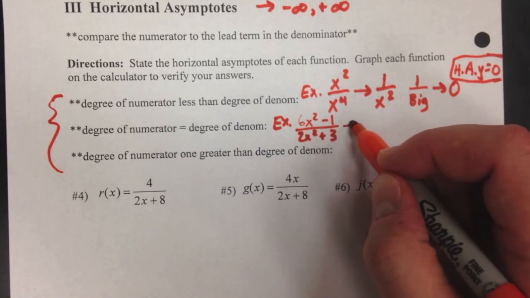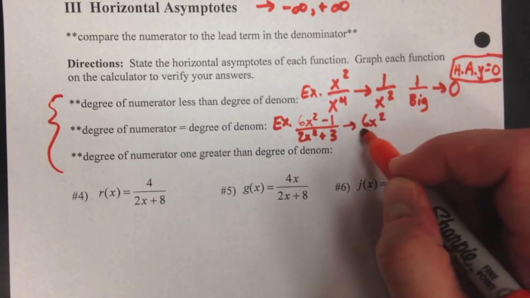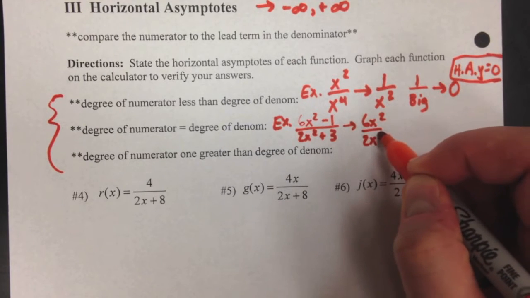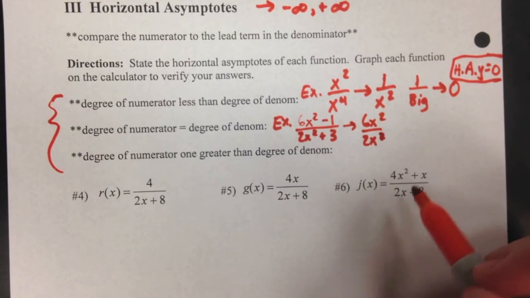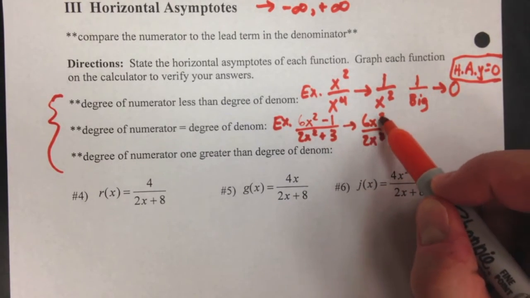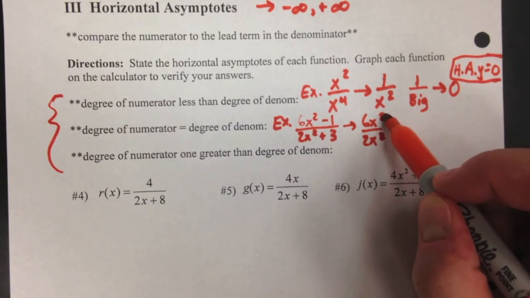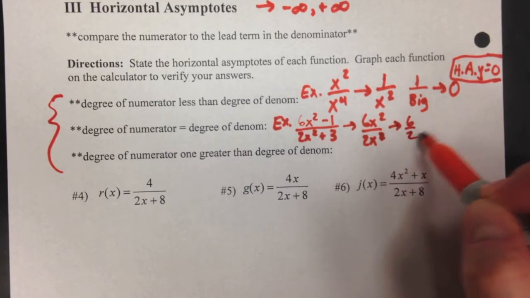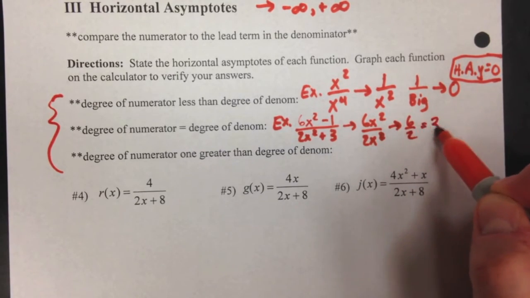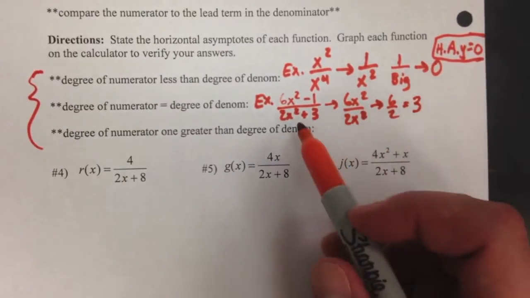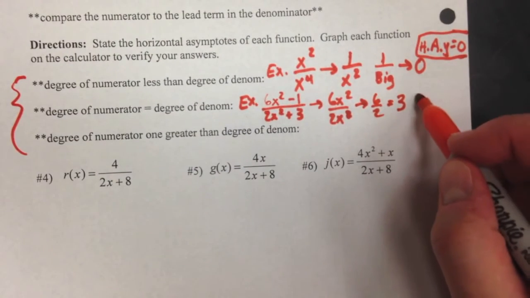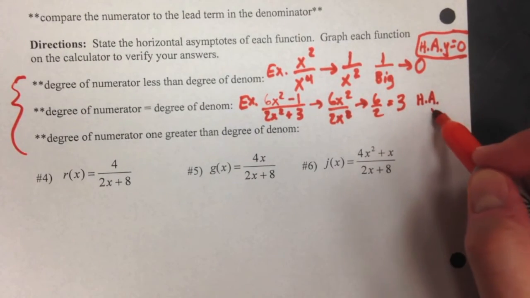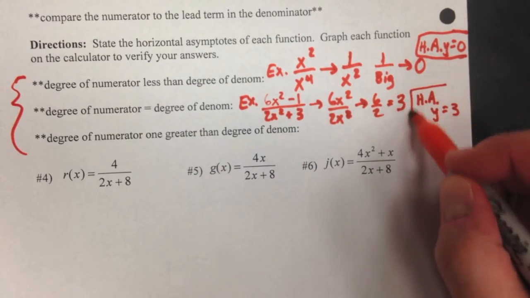So I'm only going to look at 6x squared and 2x squared. That's what's going to dominate. If I reduce that, x squared divided by itself is just 1, and so what I get is 6 over 2, which is 3. What this is telling me is that in this case, I will have a horizontal asymptote at y equals 3.